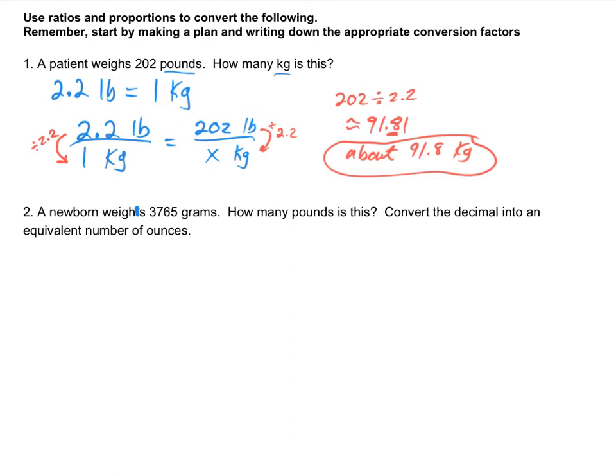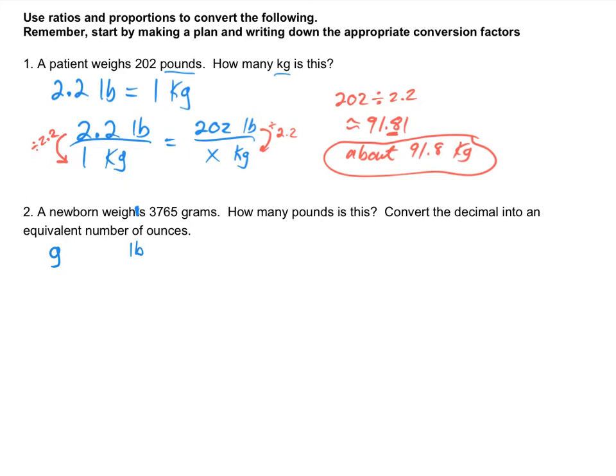But let's think about whether we need to get from grams to pounds. You need to ask yourself, do you know the relationship between grams and pounds? Do you have a ratio that links these two? In this course, that's not one that you need to memorize, and it's not actually one that I know off the top of my head. But I do know kilograms to pounds.